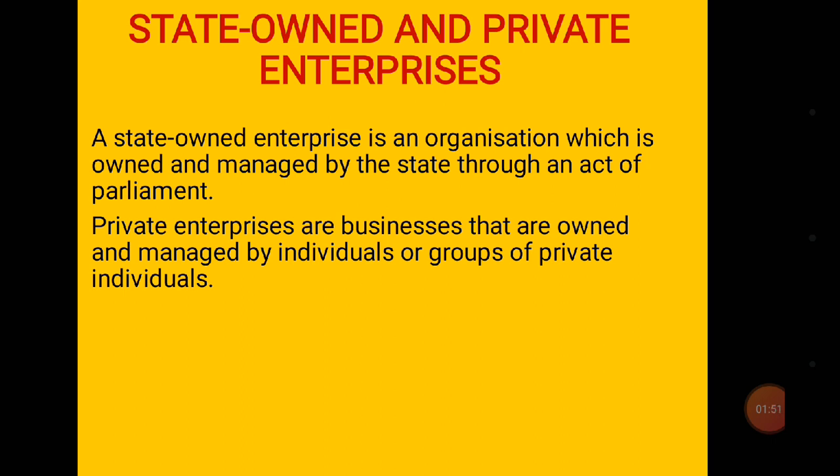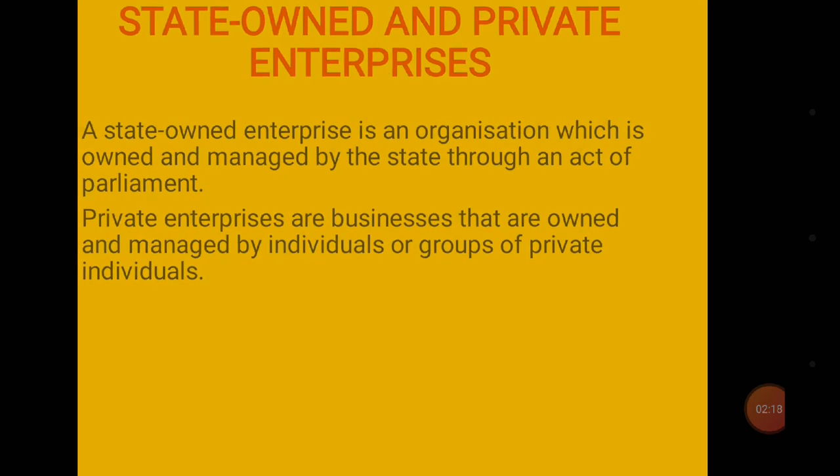Then private enterprises are businesses that are owned and managed by individuals or groups of private individuals, whether it be a sole proprietorship, a partnership, a joint stock company, or any other form of business. Provided that it is owned and managed by individuals or groups of private individuals, then we can say that it is a private enterprise.